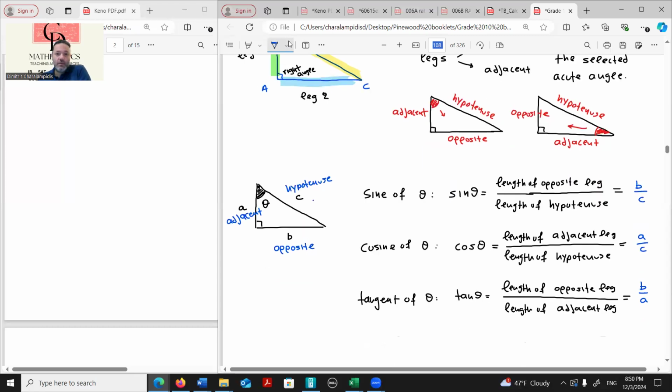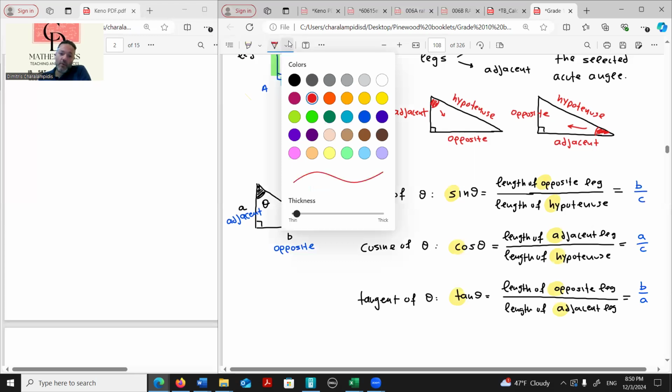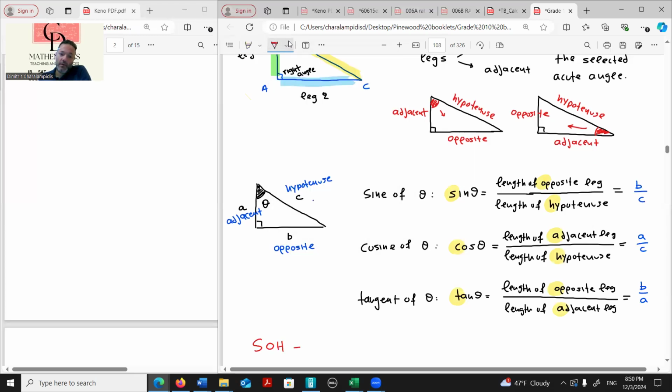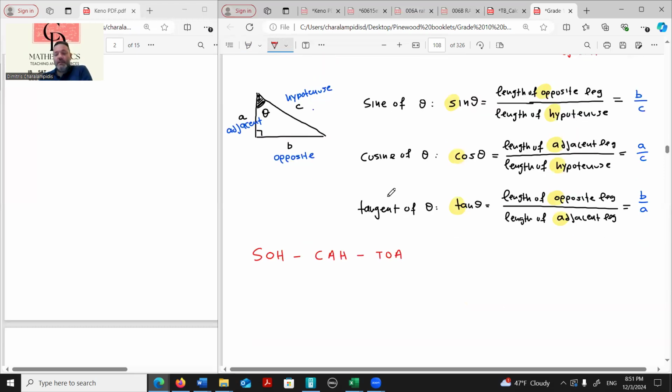These three rules, and I'll show you why, are also referred to as SOH CAH TOA rules, where SOH CAH TOA is just a mnemonic way to remember them. And yet again, the S stands for the sine, the O stands for the opposite, and the H stands for the hypotenuse.